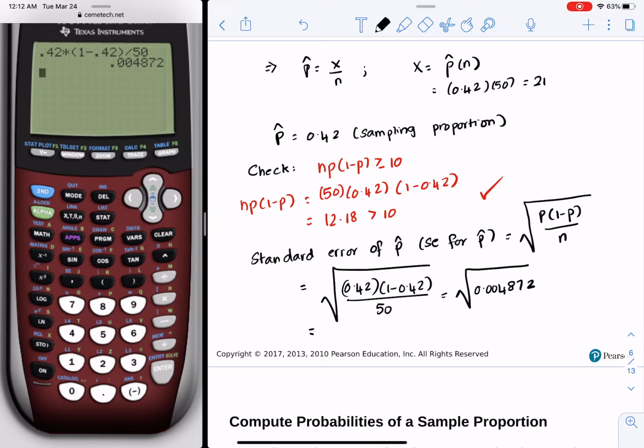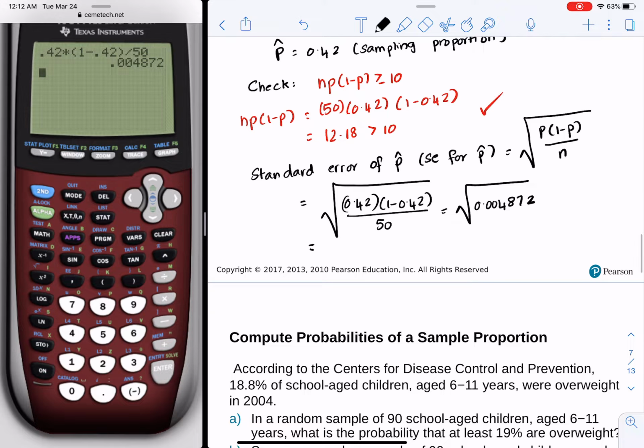And if we take the square root, we end up getting 0.0697.